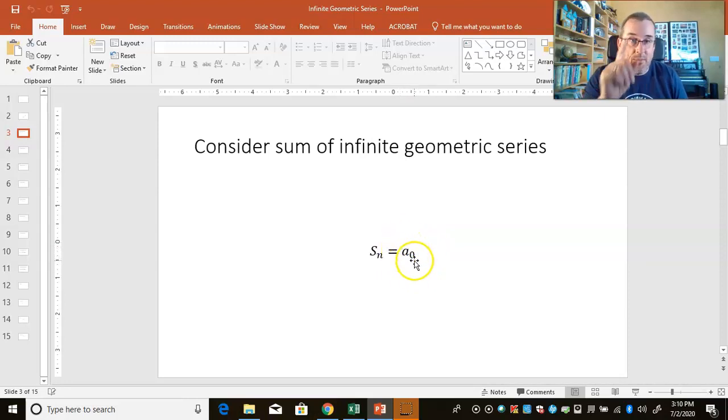A sub 1 would be the next term, a sub 2, a sub 3, a sub 4, etc. But a sub 0, the initial term. So in our case, previously, that initial term was 4.